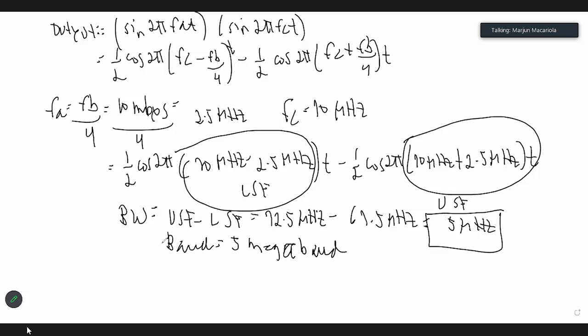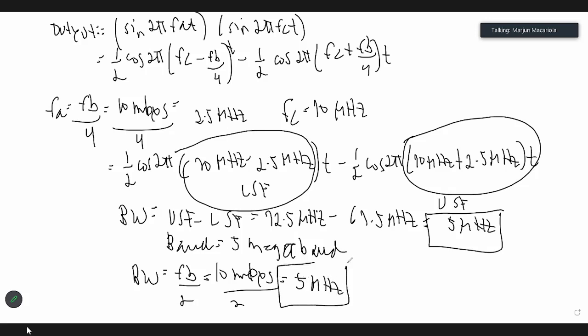And using the formula, bandwidth is equal to FB over 2, so that is 10 Mbps over 2. It will give you an answer of 5 megahertz.